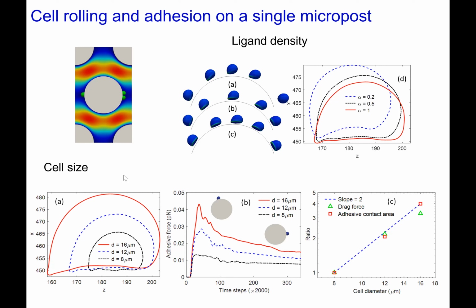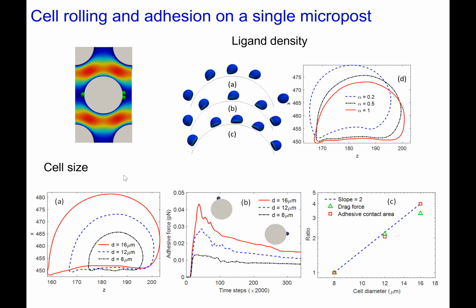We also check the cell sizes. We check sizes with 8 micron diameter, 12 micron diameter, and 16 micron diameter for cancer cells. We show that the adhesive force is time dependent. As you can see in the middle figure at the bottom, the adhesive force reaches its maximum before the cell reaches the crest of the micropost. And then once it has rolled over, the adhesive force decreases as well.